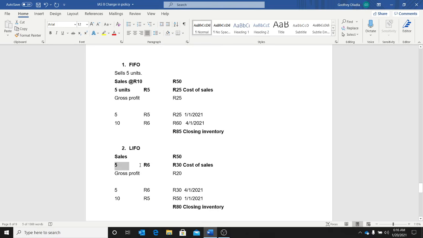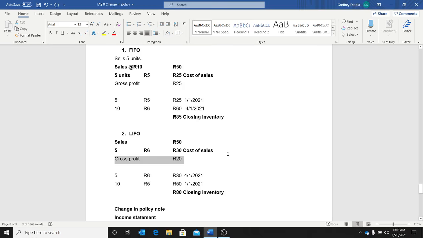Now, my cost of sales is 5 at 6 rand, which gives me a gross profit of 20. Now you are starting to see that there's a difference between the two gross profit figures. This one is 25, this one is 20. So the items are the same, but because of choosing a different method, the cost of sales comes out different. The gross profit comes out different, right?